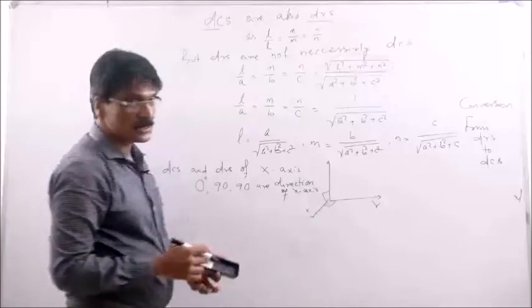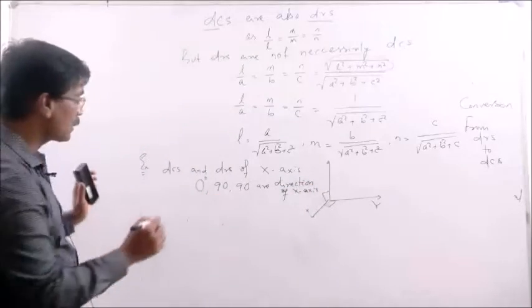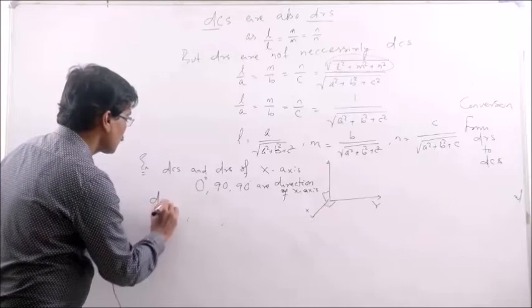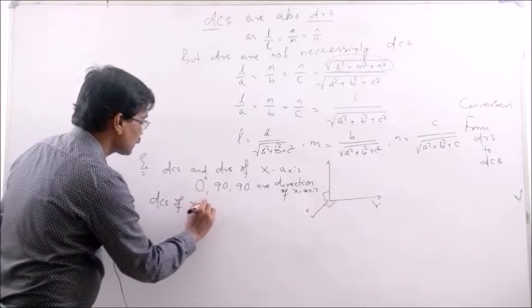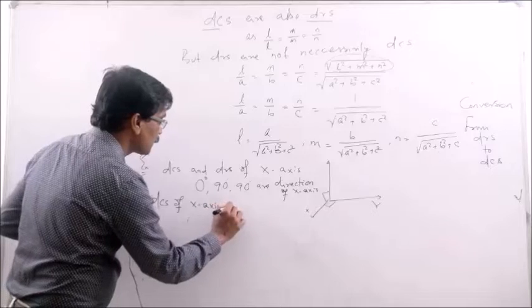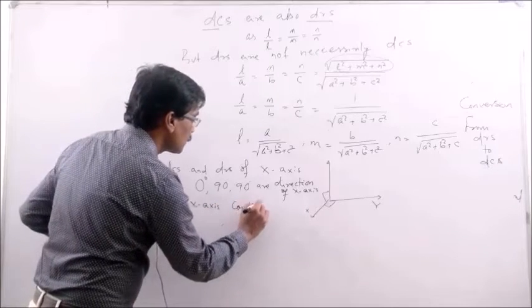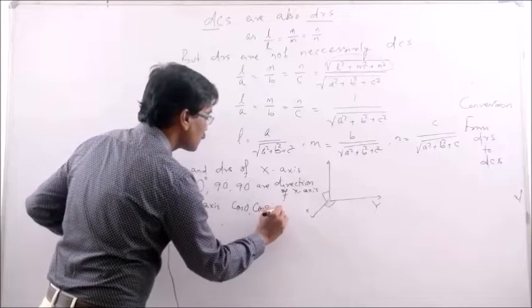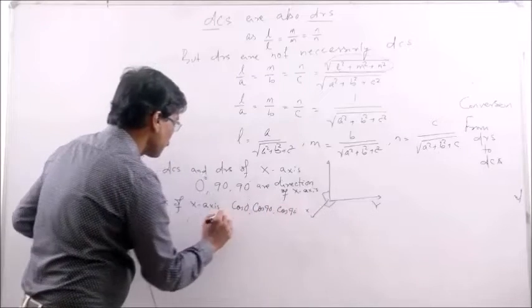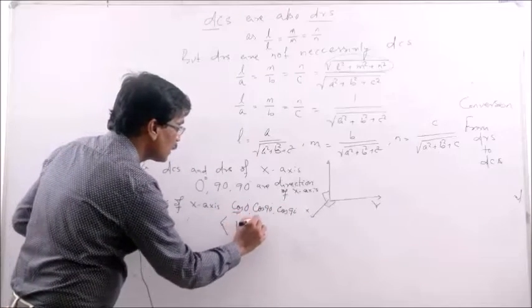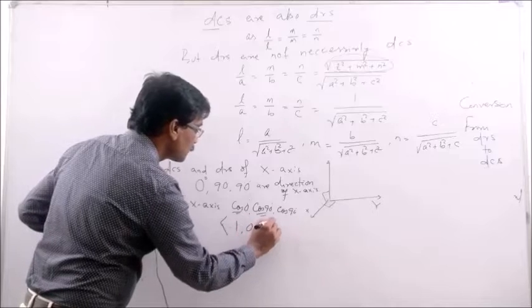So, direction cosines of the x axis are the cosines of these angles, that is cos 0, cos 90, cos 90. That is, cos 0 is 1, cos 90 is 0, 0.